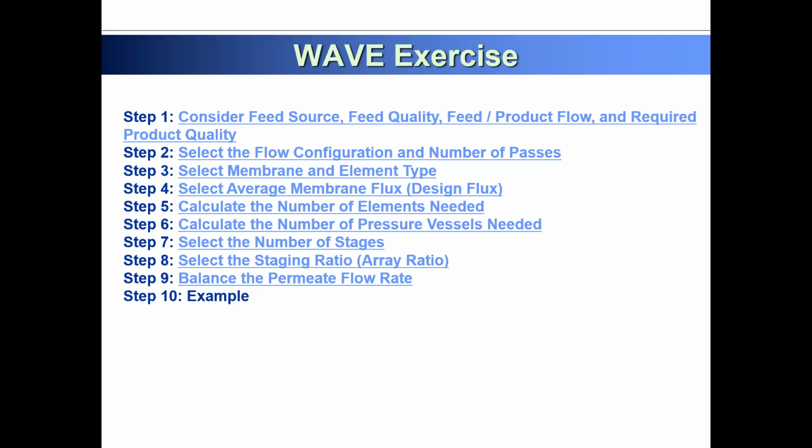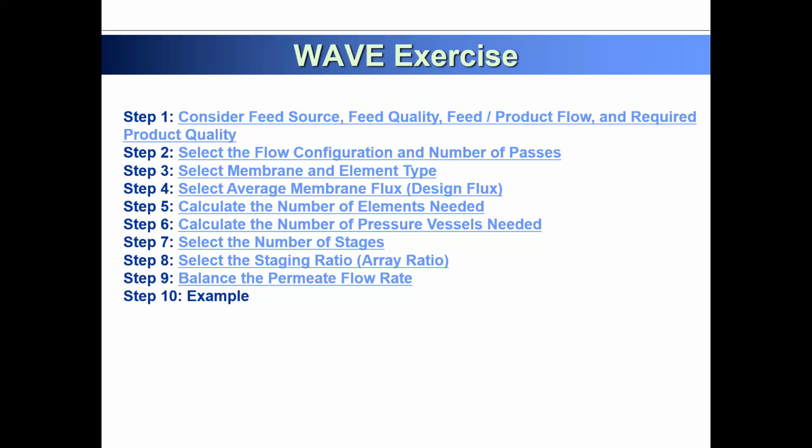So we decide the flow configuration, number of passes, and select membrane and element type. So what kind of membrane would be the best to meet our standard for the water quality and element? Already we just fixed the BW3400 element, but there are many different options you have. You can try because every element has a different rejection rate, different flow rate, also different types of membrane elements.